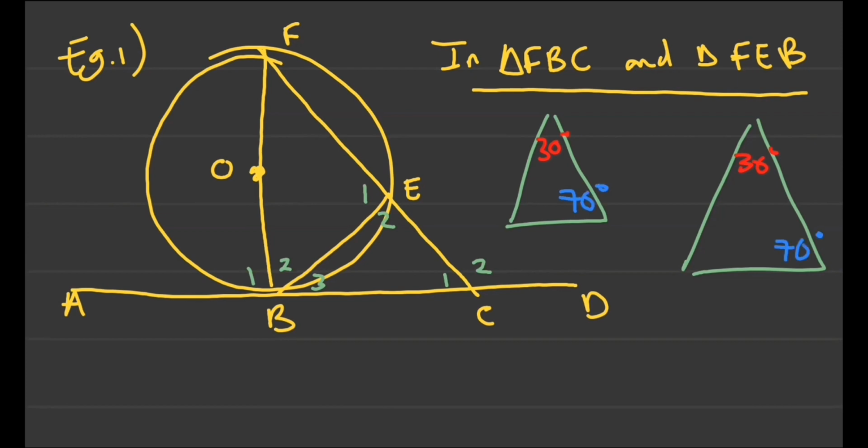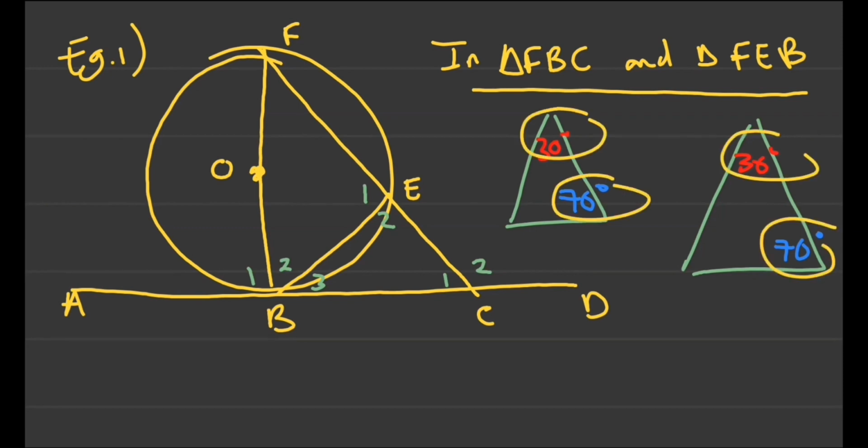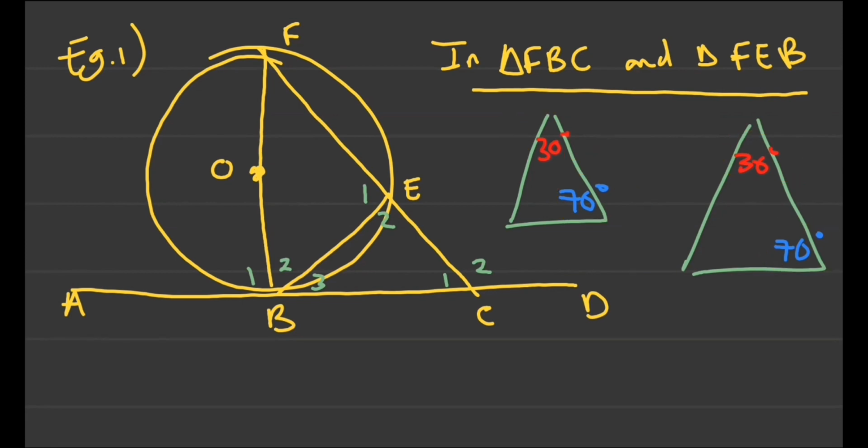Now, I wouldn't need to tell you what the third angle is, but you can automatically assume that if this is 30 and that's 30, this is 70 and that is 70, then the third ones would automatically be equal to each other because they have to add up to 180. Does that make sense?